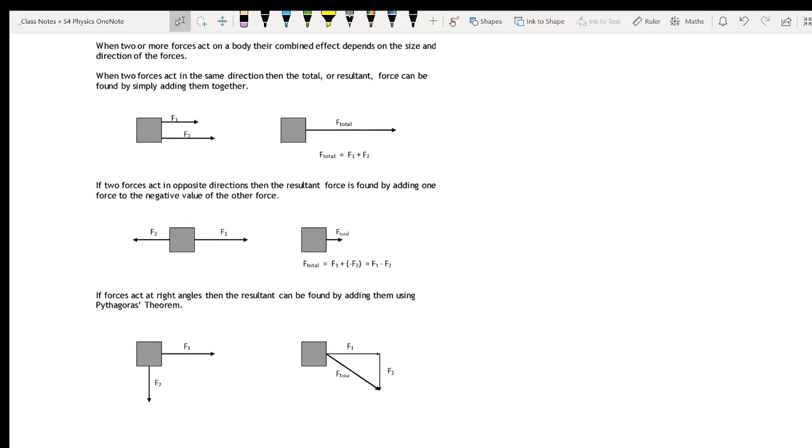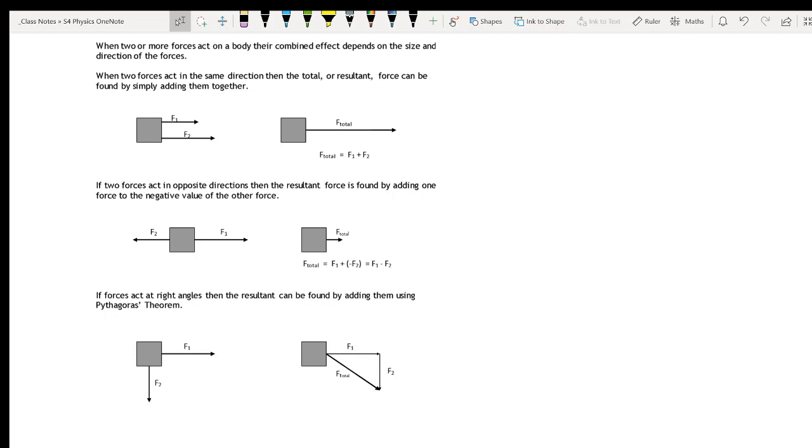If they act in opposite directions, they'll be found by taking one from the other. So you've got one positive, one negative. So that's F1, and that's in the opposite direction, so that's negative F2. So it ends up being F1 minus F2, which gives you the unbalanced force.